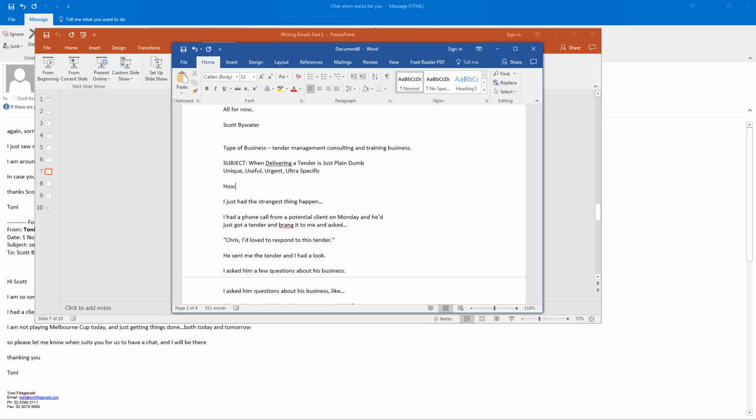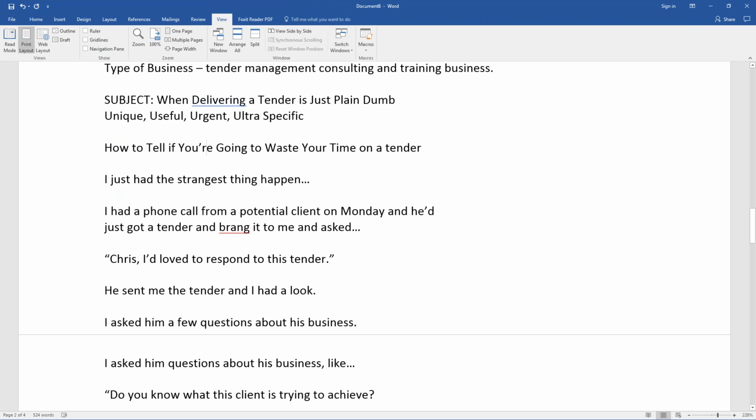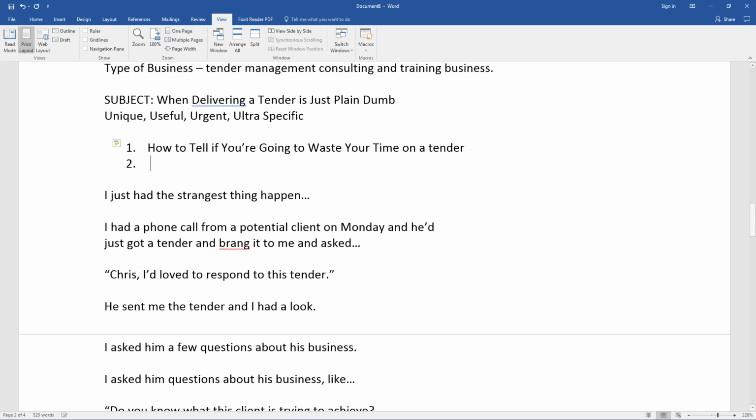How to tell if you're going to waste your time on a tender. I'll expand this just in case you can't read it on your screen. Here's a simple thing: what do people hate? They hate wasting their time. How to tell if a tender is hopeless.